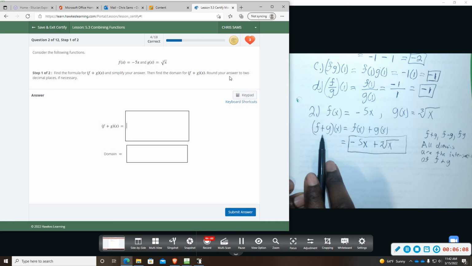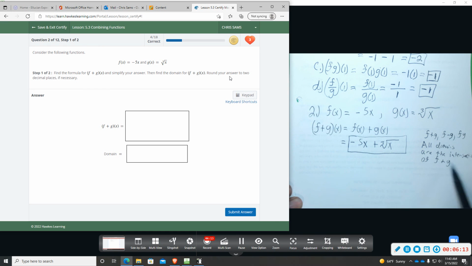Okay, so when you do f plus g, f minus g, f times g, all the domains are going to be the intersection of f and g.